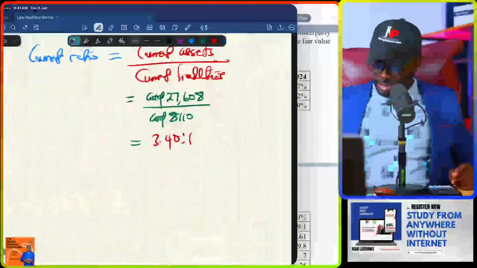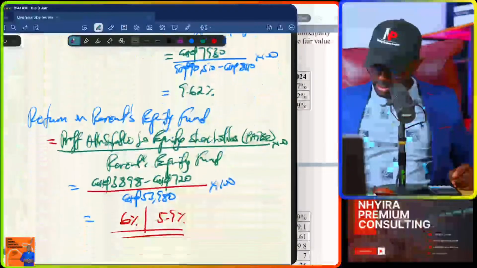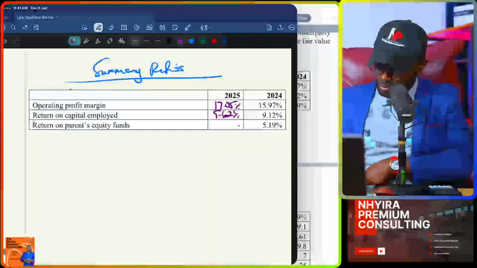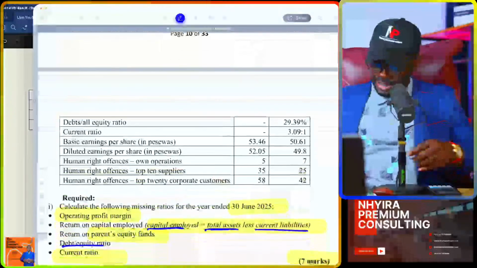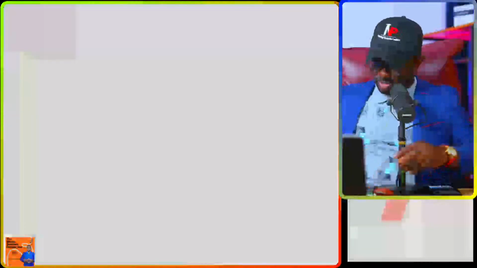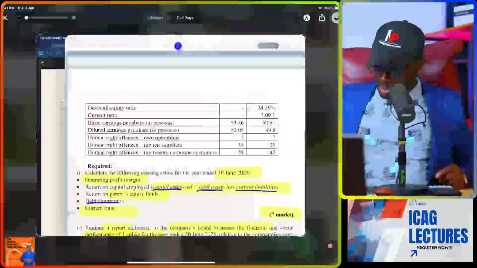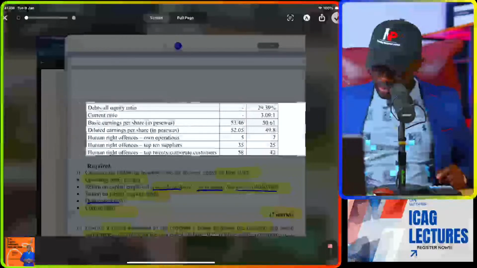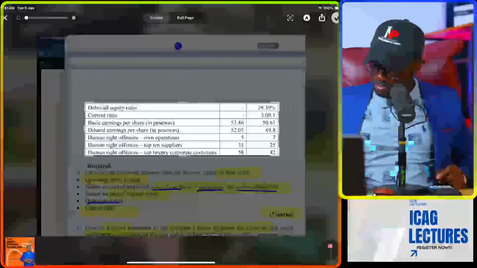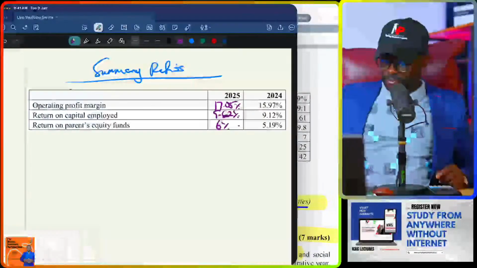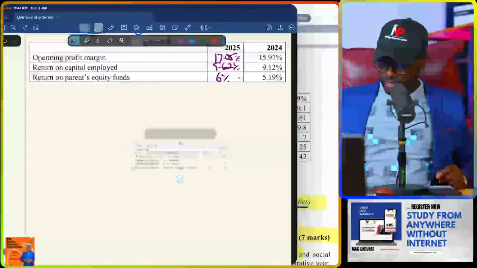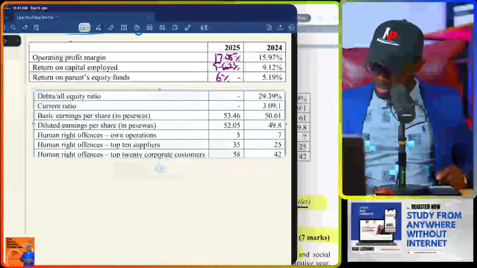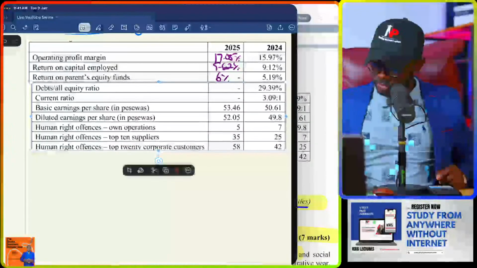Then return on the parent equity, maybe 6%. Then they said we should use the basic earnings per share. So let me bring all these up. I'm going to cancel a number of them. Copy. Paste. So I'm going to try to make sure we fit.